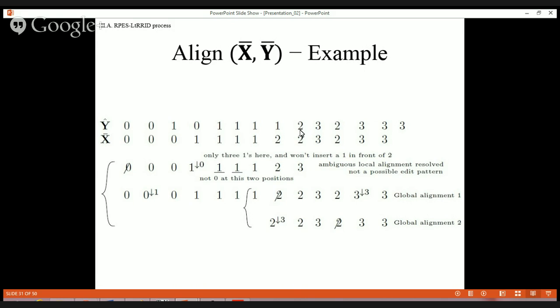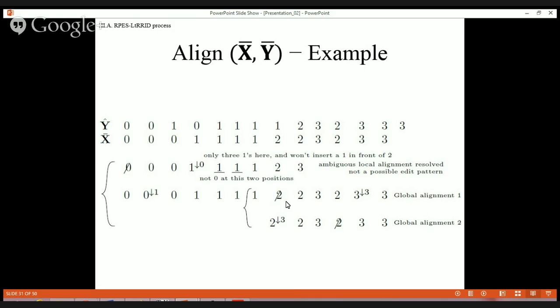And furthermore, the next one to be matched in Y is this 2, in X is this 2, 2. So L1 equals L plus 1. Again, there is a local ambiguous alignment. It might be a deletion of a 2, reducing this 2, 2 into a single 2.